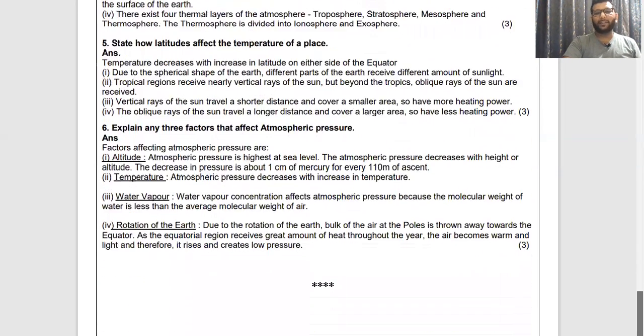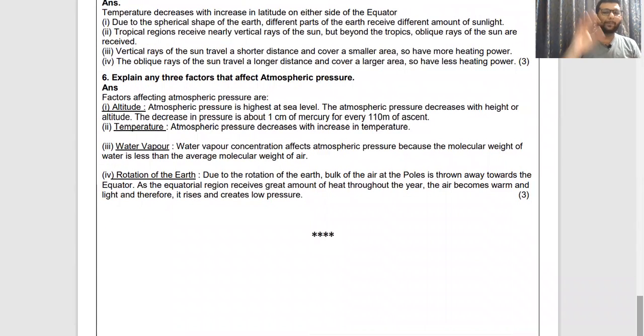Explain any 3 factors that affect the atmospheric pressure. So one is altitude. So when I say altitude, if I talk about atmospheric pressure, the atmospheric pressure is highest at the sea level, and this atmospheric pressure decreases with height or altitude. The decrease in pressure is somewhere around 1 centimeter of mercury for every 110 meters of ascent.